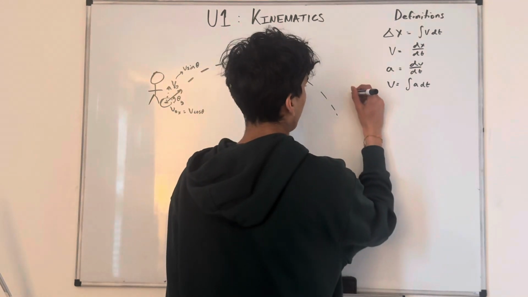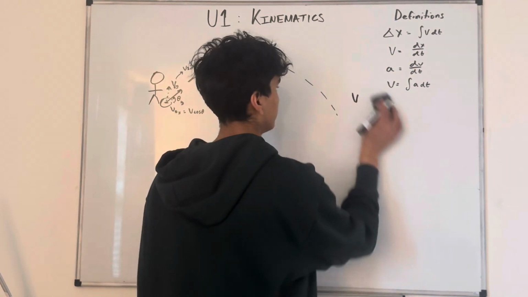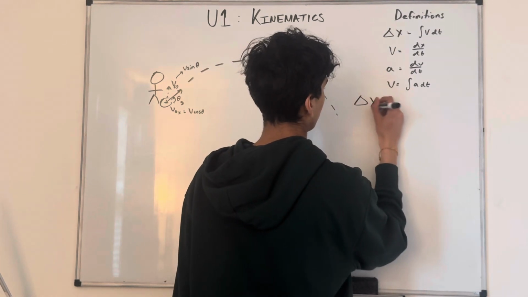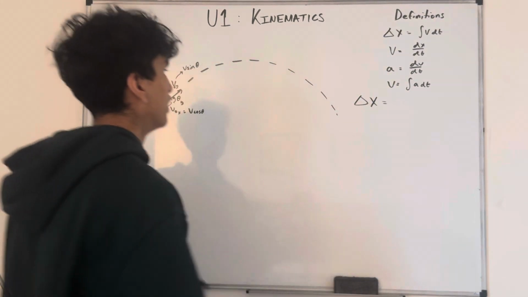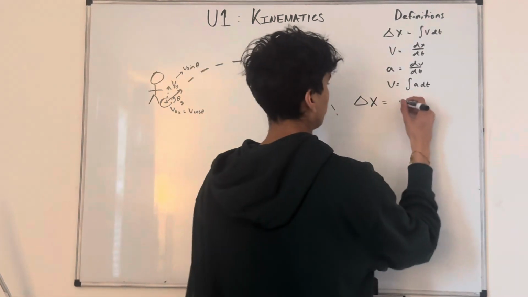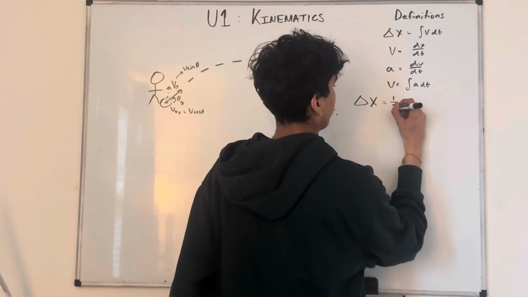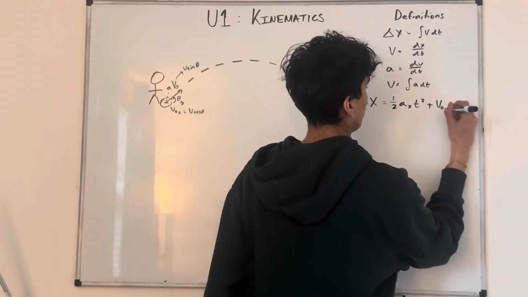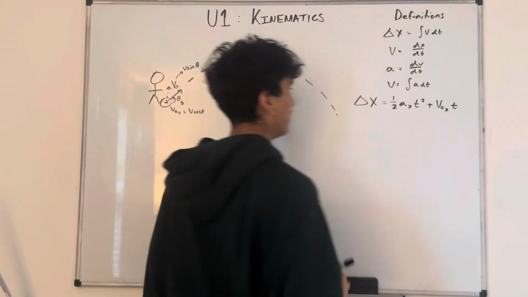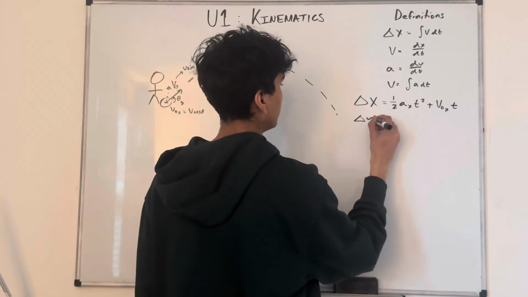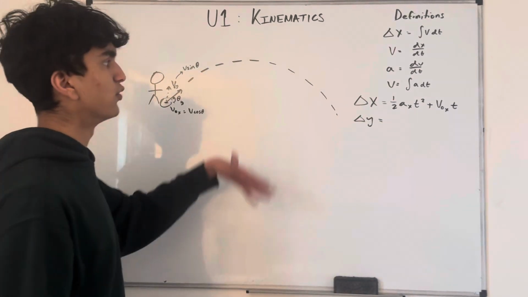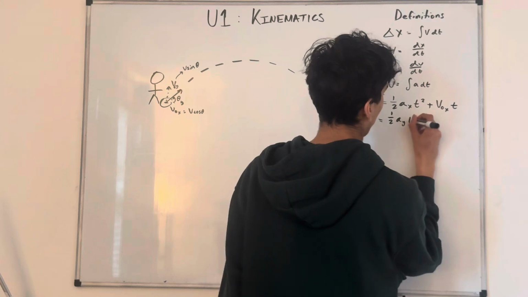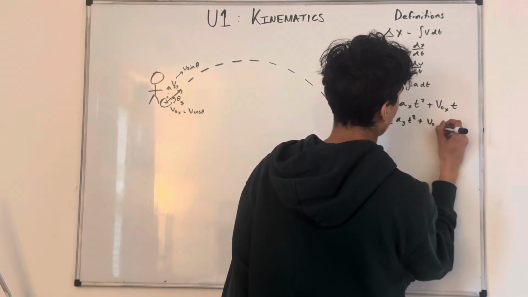I could say change in x is equal to 1/2 a in the x direction t squared plus v initial in the x direction times time. And my change in y is governed by 1/2 a y t squared plus v naught y times time.